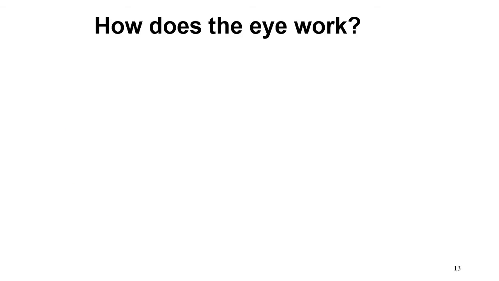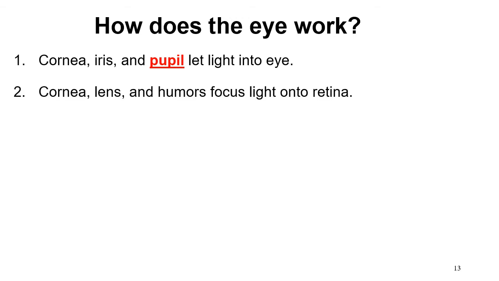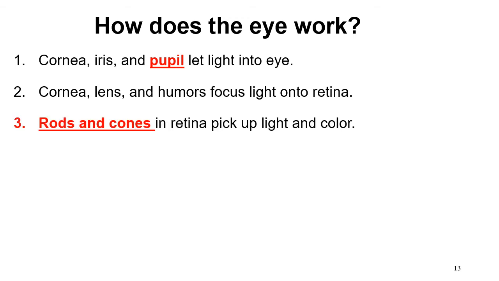So how does the eye work? We're going to put all the steps together. Step 1, the cornea, iris, and pupil let light into the eye. Step 2, the cornea, lens, and humors, aqueous and vitreous, focus light onto the retina. The rods and the cones, which are the photoreceptors in the retina, pick up light and color respectively.